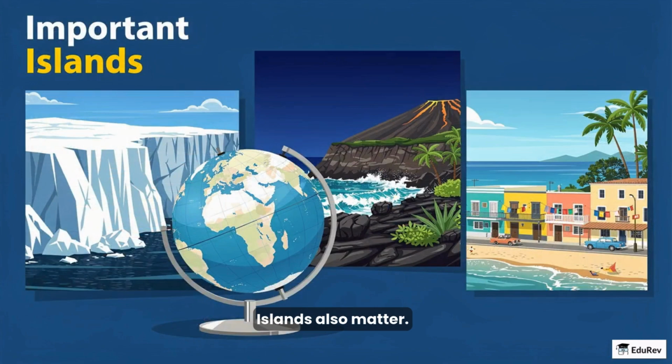Islands also matter. Greenland, the world's largest island, is mostly ice sheet and crucial for polar climate. Hawaii bears active volcanism and varied climates. Cuba and Bermuda are important culturally and economically in the Caribbean and Atlantic.